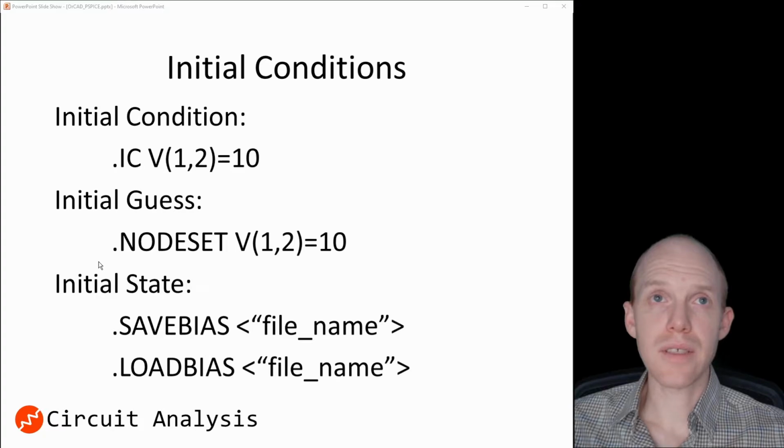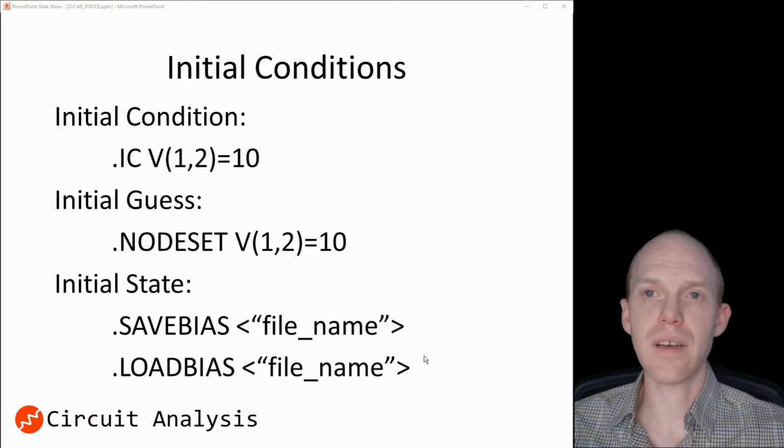The other thing you can do is you can use this .nodeset. And what that does is, because you're doing a least squares style iterative solution, you have to begin with initial conditions to the solver. So we'll have to talk more about how the solver actually works in future videos.